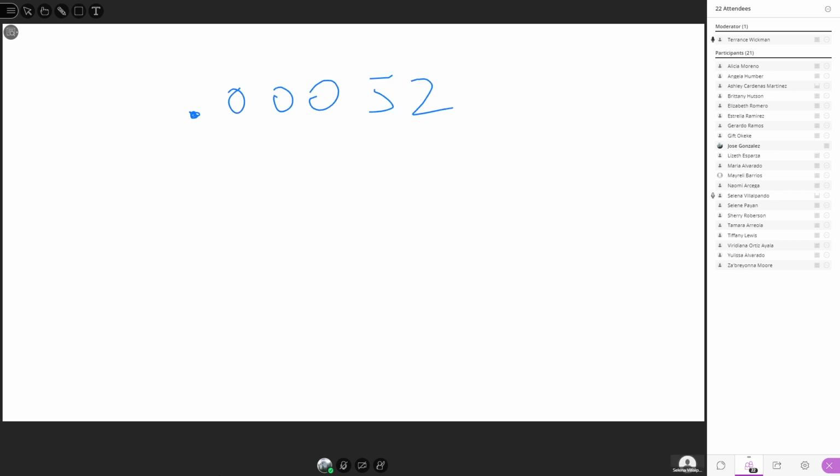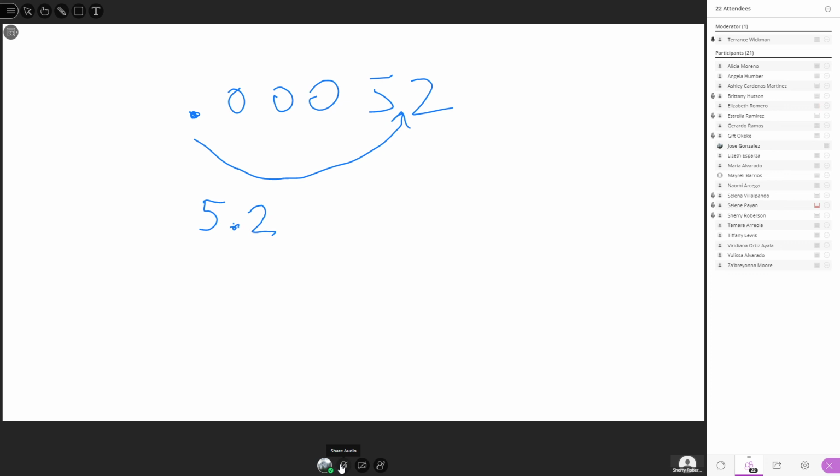I want that number in scientific notation. Somebody tell me what to do first. First, you're going to move it 1, 2, 3, 4 places to the right. So we're going to move it to here. Is that what you're saying? Yes, sir. What's the number now? It's going to be 5.2.